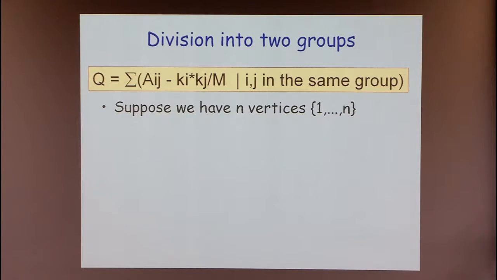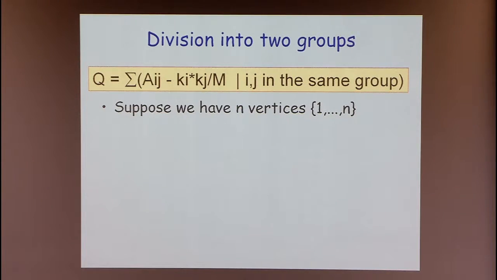Each time it takes the entire graph, divides it into 2, and then divides these parts into 2, so it works hierarchically. We will write this modularity function for the case that we are trying to divide the graph into 2 groups, and we will just try to optimize this single division. Then you can imagine that the algorithm simply works recursively with this definition, and it stops whenever it reaches a subgraph in which there is no good division, in which the modularity function is 0.